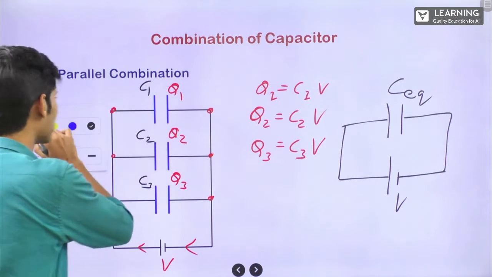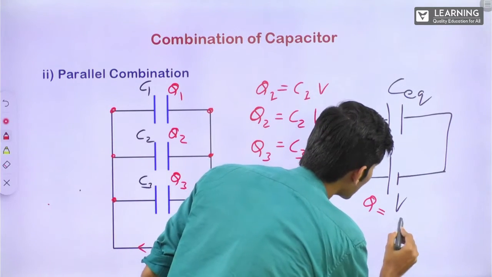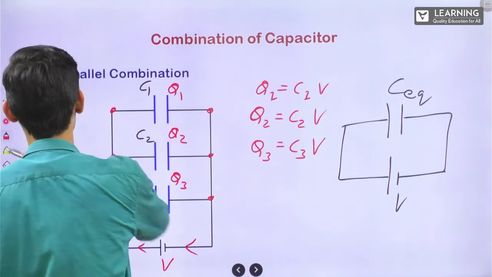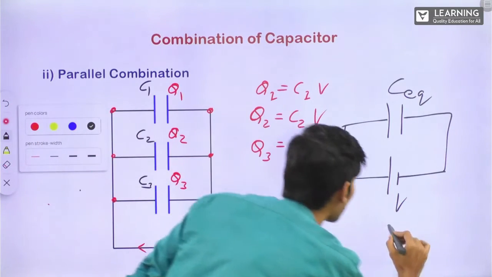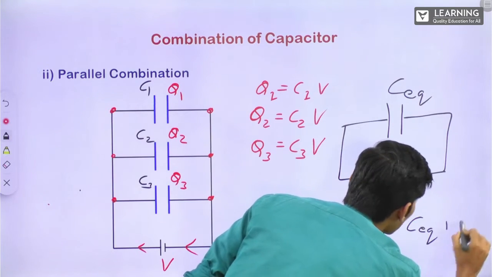So now, for this circuit, I can write Q is equal to C equivalent into V.